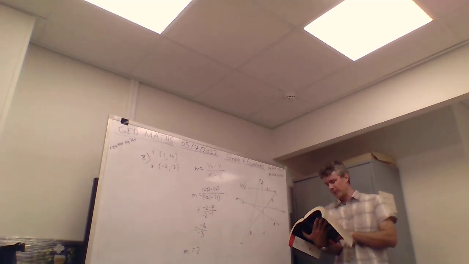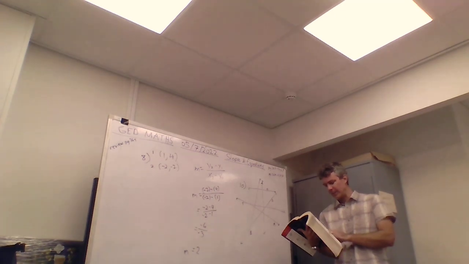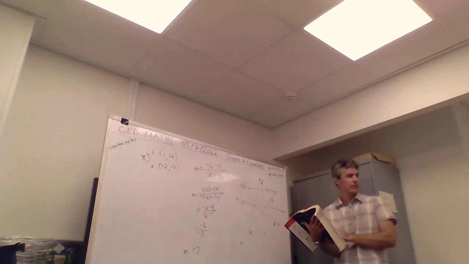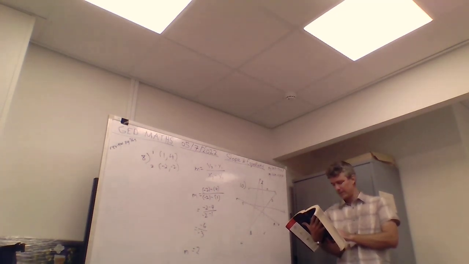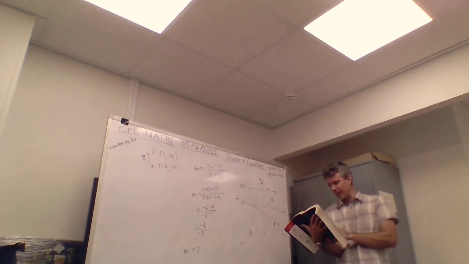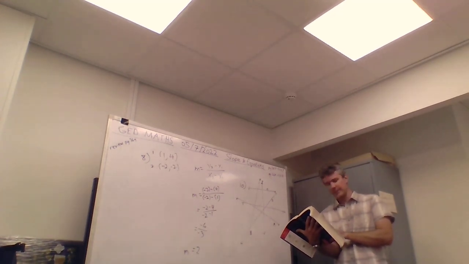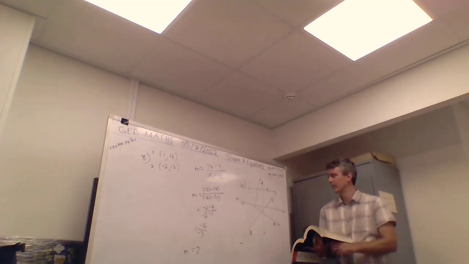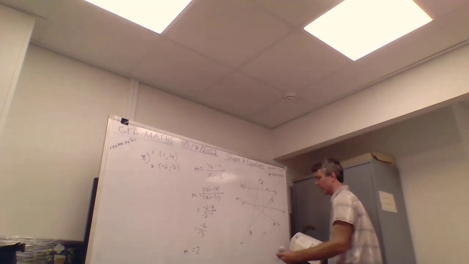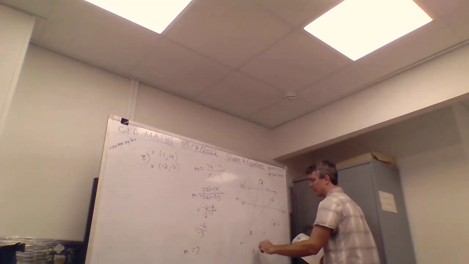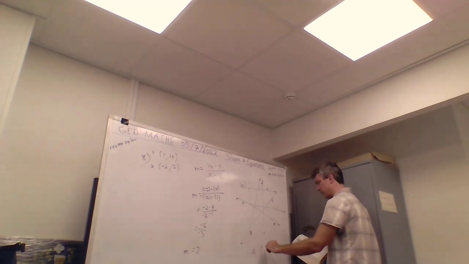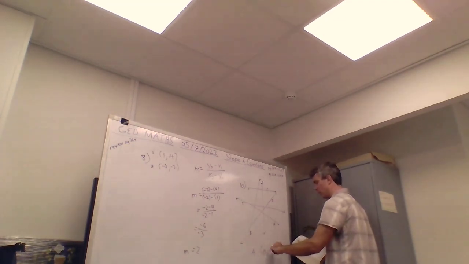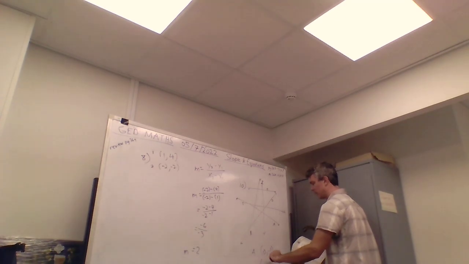If you look at A, you see it intercepts the y-axis at -1. Do you see that? And it intercepts the x-axis at x equals -3, right? So you can check if you're unsure that A has, for x equals 0, y equals -1, and for y equals 0, x equals -3.